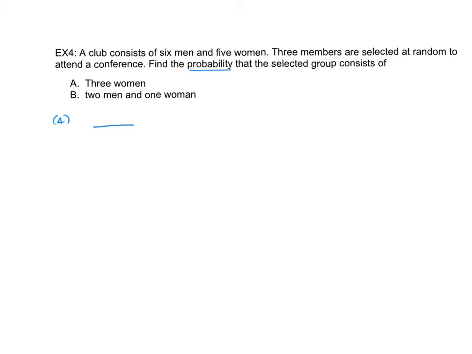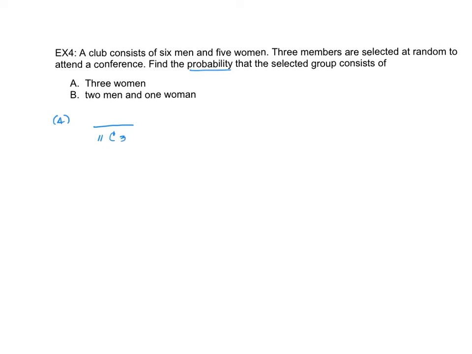So in how many ways can we choose 3 women? That would go on the top. On the bottom, it's how many ways we can just choose 3 people from the total of 11. So in the denominator, it's a combination because the order we choose the people doesn't matter. It's going to be 11C3.